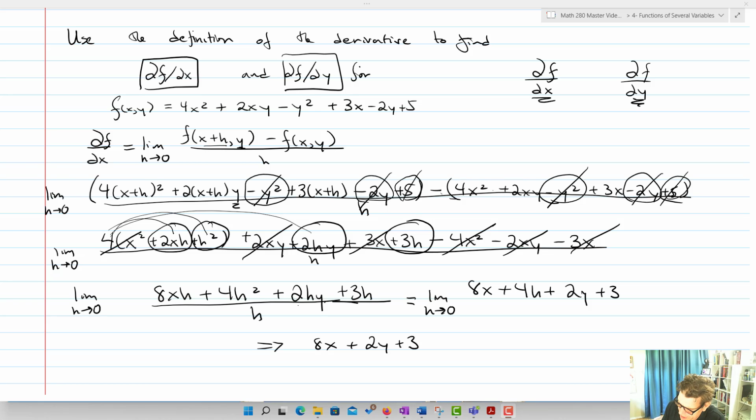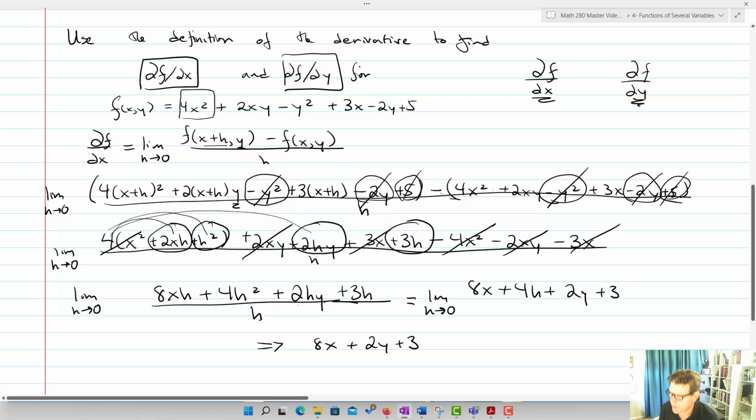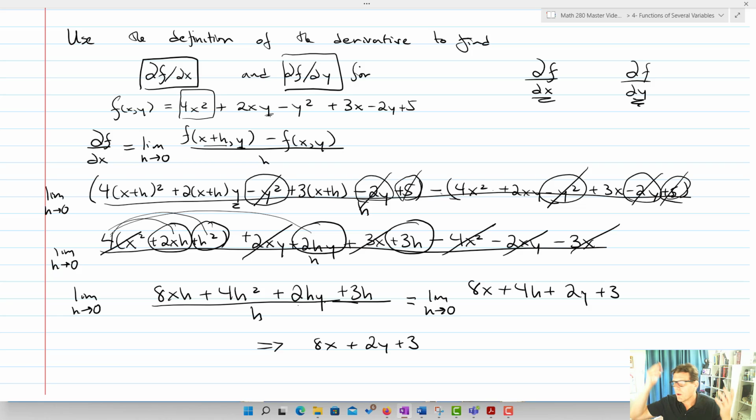So a couple things to note here. One is if you just took the derivative with respect to x, 4x squared would just give you 8x. So that's exactly what we expect. Now, let's imagine that y is being treated like a constant, like it's just 2 times y. And you can imagine, what if it's a 3? Well, then it would be 6, right? And what would we get? We would get 6 when we take the derivative of 2xy.